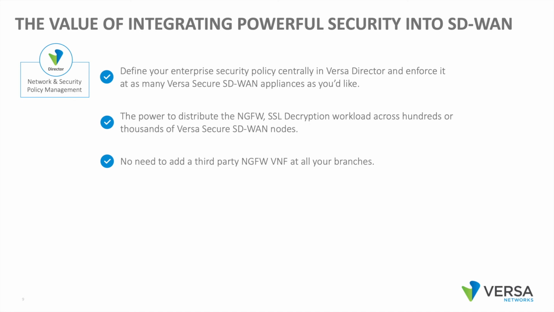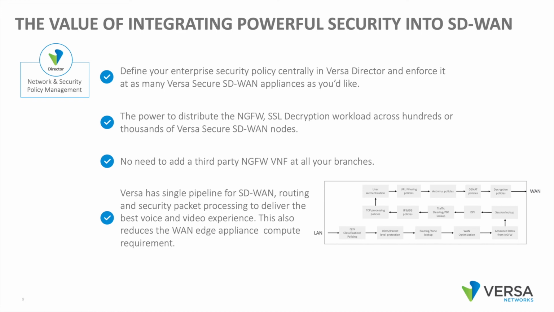And there's no need to add a third-party next-gen firewall VNF at all your branches. Versa has a single pipeline for SD-WAN, routing, and security packet processing to deliver the best voice and video experience. This also reduces the WAN Edge appliance compute requirement. And by unifying SD-WAN and security, this translates into significant cost savings.